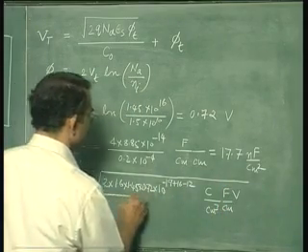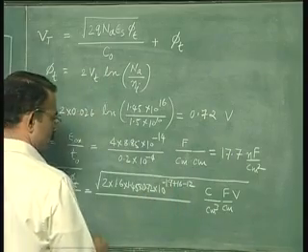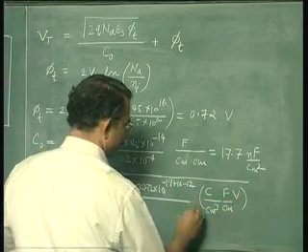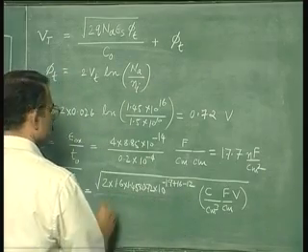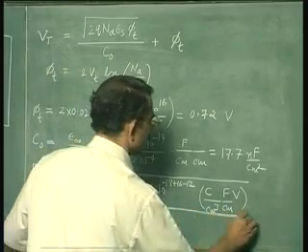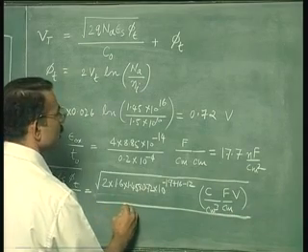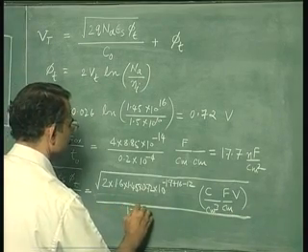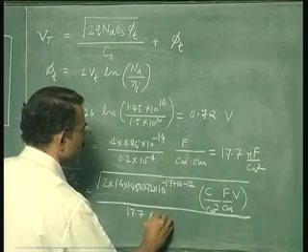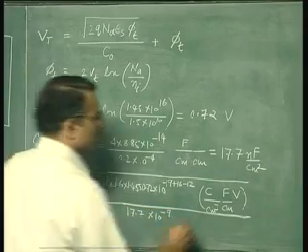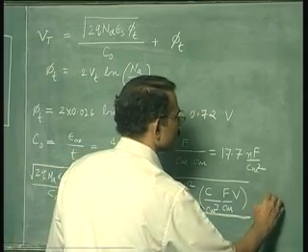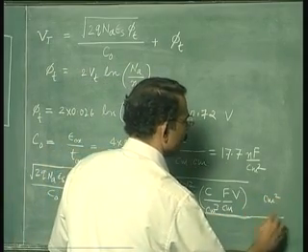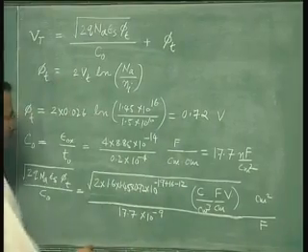Now this is divided by C naught, which is 17.7 into 10 power minus 9, farad per centimeter square. So you have centimeter square in the numerator and farad in the denominator.